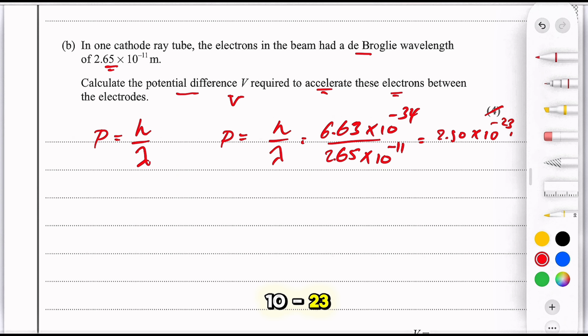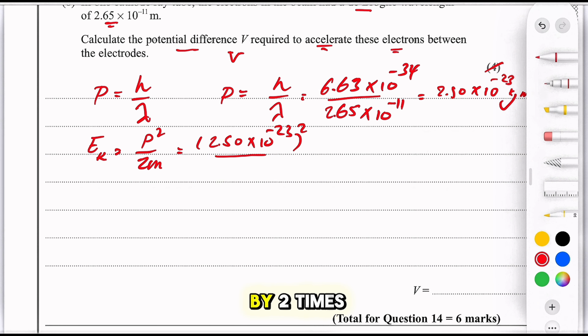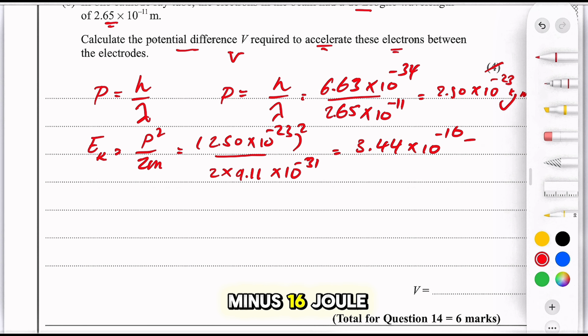There's one formula for kinetic energy, which is p squared over 2m. So the momentum squared, 2.50 times 10 to the minus 23 squared, divided by 2 times the mass of the electron, 9.11 times 10 to the minus 31. The answer is 3.44 times 10 to the minus 16 joule.